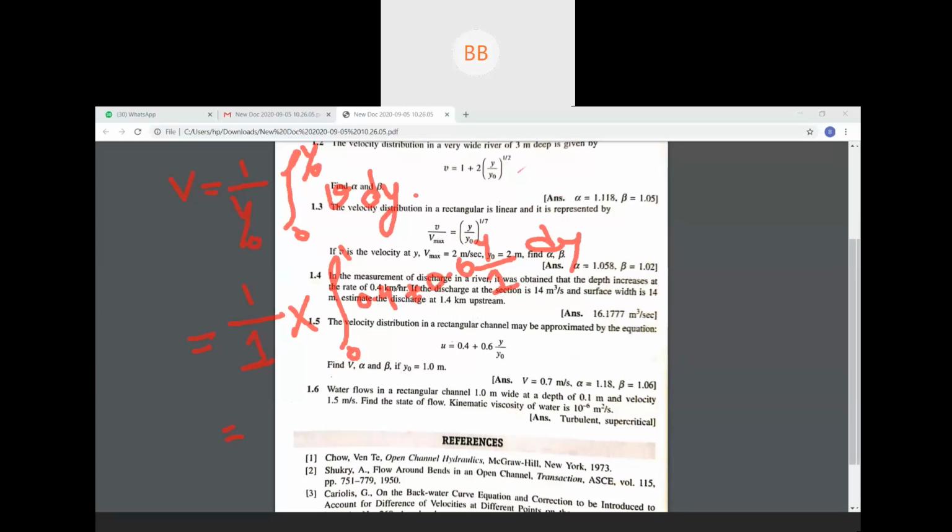In such a case you have to divide, as this is your addition, it is not your multiplication. So you can skip this step. If you understand, 0.4 dy plus integral from 0 to 1 of 0.6 y dy.